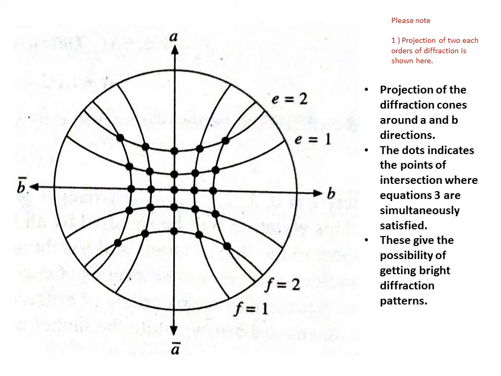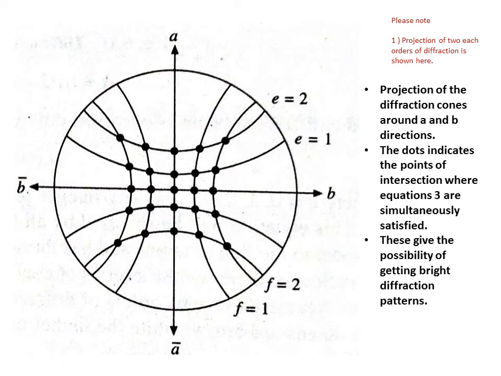If you remember those two equations, you have two integers, e and f, which stand for different orders of diffraction, when the rays undergo diffraction at the atoms periodically arranged along the A direction. You can see these are actually parts of those cones, and those cones will surround the line of atoms indicated by A bar.